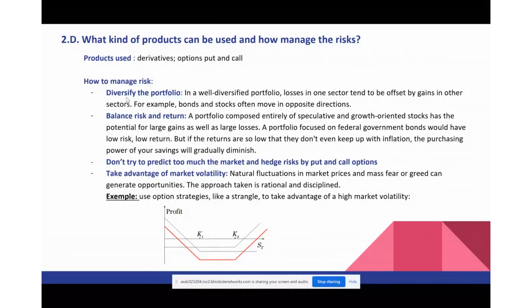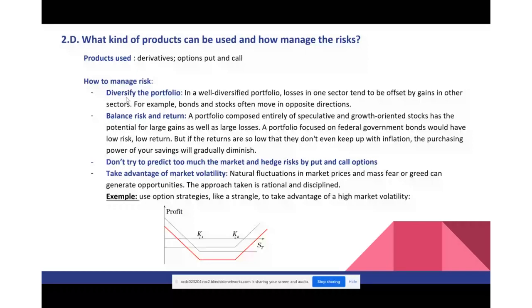We can hedge market risk by derivatives, like with a put and call option combination. For instance, we can use some protective put option or protective call option to mitigate some market risk.